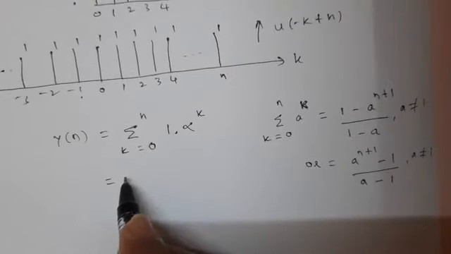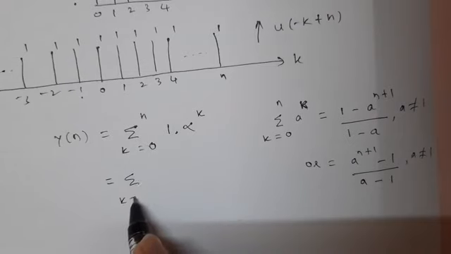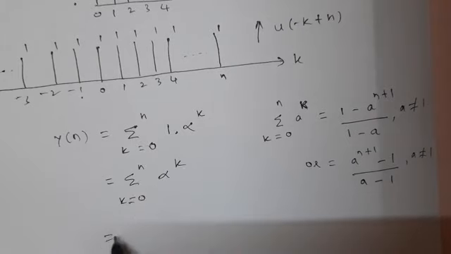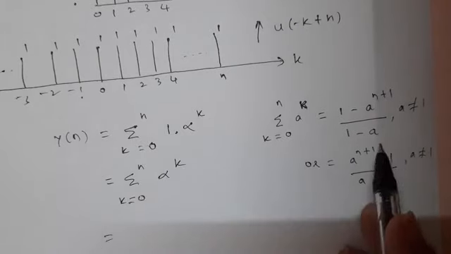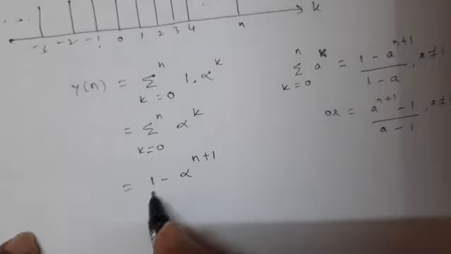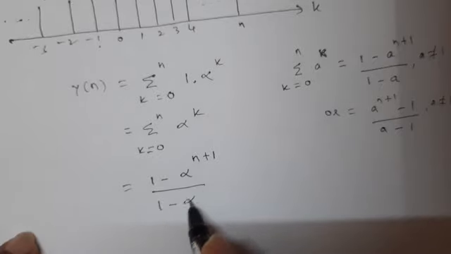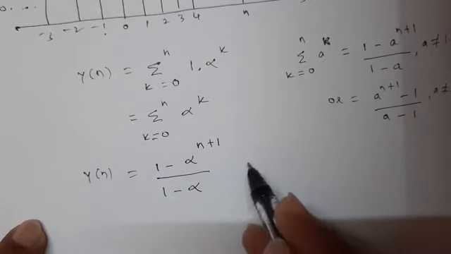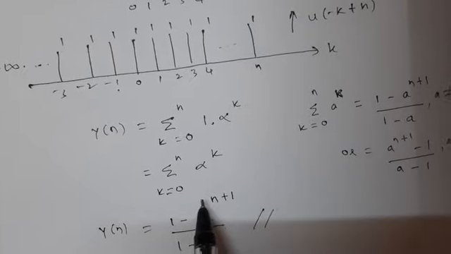Similarly, now here you write summation k equal to 0 to n alpha to the power k. So using this formula, I will write it as 1 minus alpha to the power n plus 1 divided by 1 minus alpha. So this is your solution for y of n for n greater than or equal to 0.